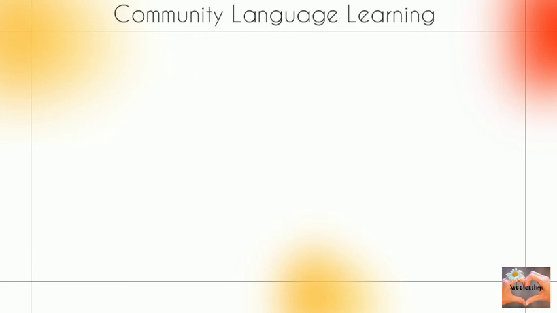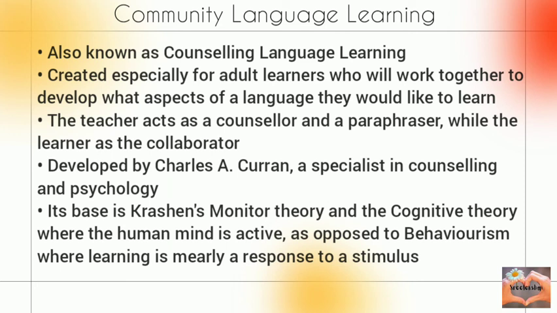And now the last topic is Community Language Learning. It is also known as counseling language learning. It was created especially for adult learners who will work together to develop what aspects of a language they would like to learn. Here, the teacher acts as a counselor and a paraphraser, while the learner is a collaborator.